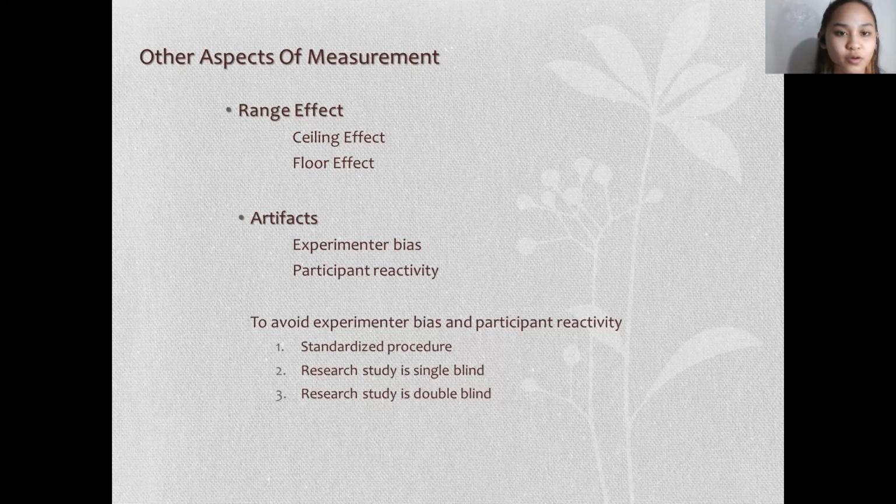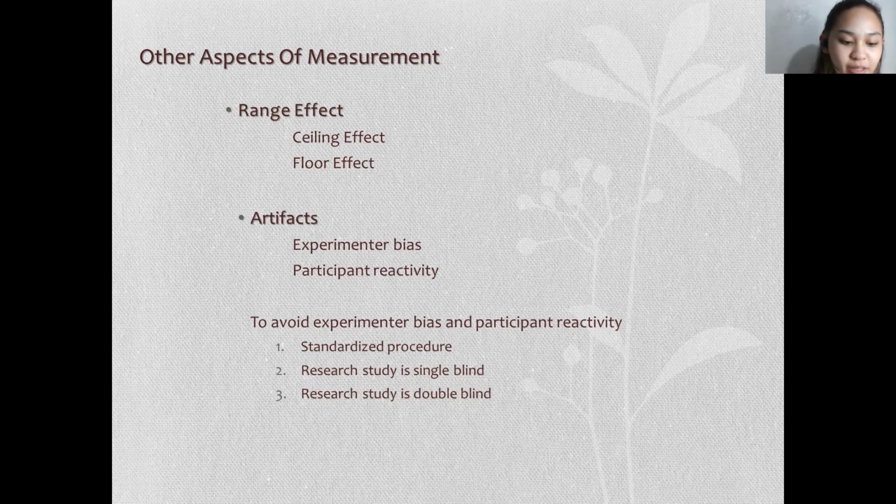The other aspects of measurement: the range effect. Using a measurement that is inappropriate for a particular group, for example, a grade 4 test given to a college student. The ceiling effect is when the measurement bumps into a ceiling and can go no higher, meaning it was too easy, or the floor effect, where the test is too difficult.